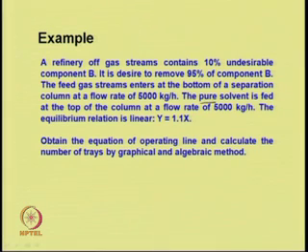The pure solvent is fed at the top of the column at a flow rate of 5000 kg per hour. The equilibrium relation is linear, y is equal to 1.1 x. Obtain the equation of operating line and calculate the number of trays by graphical and algebraic method.